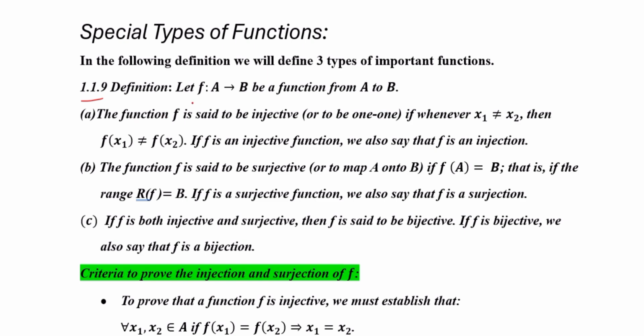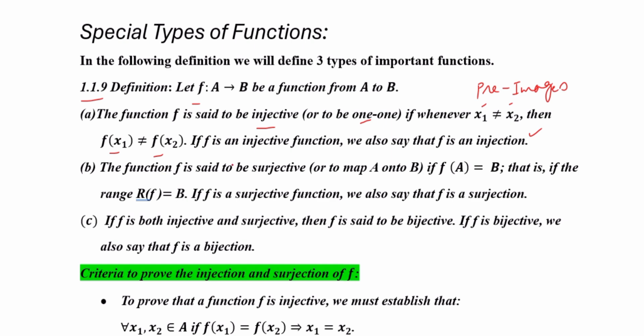Let f be a function from A to B, then f is called an injective function, or also called a one-one function, if whenever x1 is not equal to x2, meaning when your pre-images, these values of x are called pre-images, are different, and your images are also different, then f is called an injective function or one-one function. If f is an injective function, we also say that f is an injection.